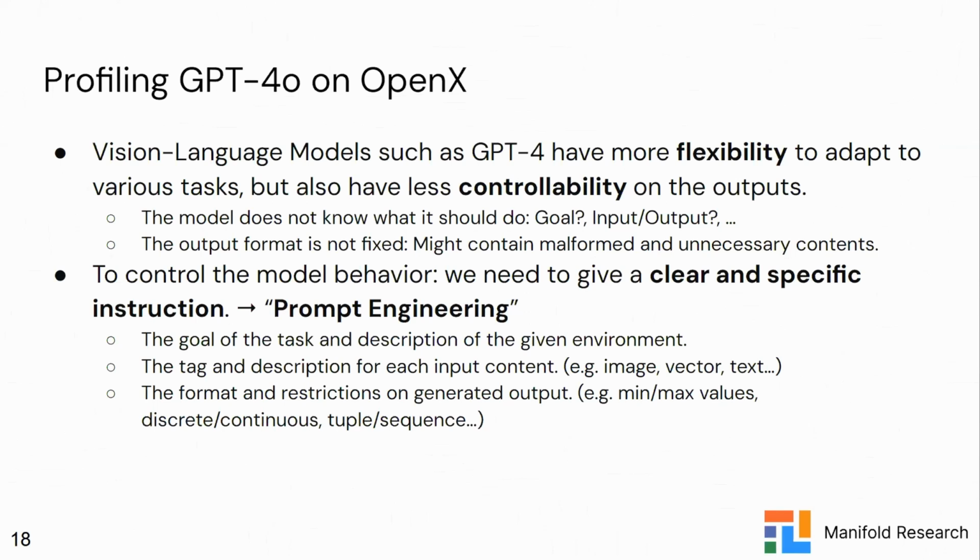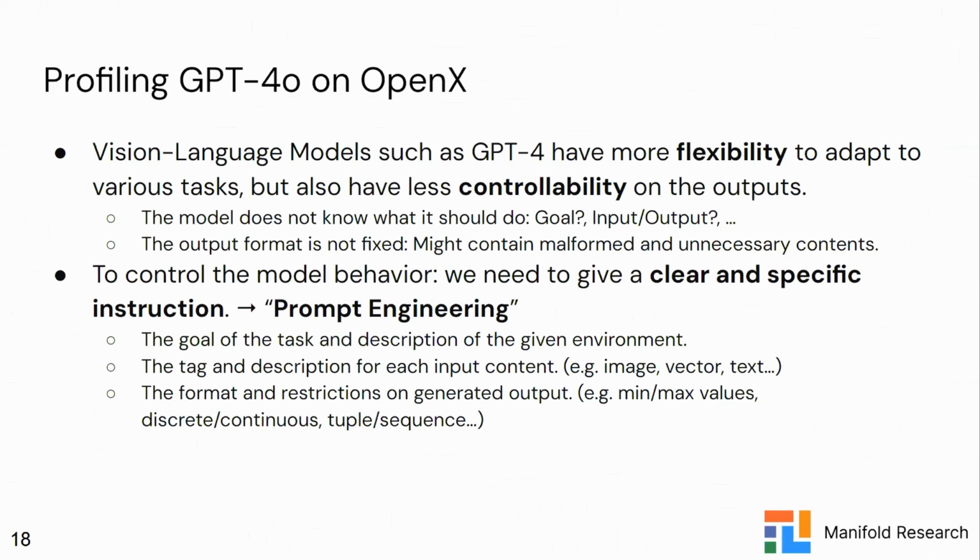So while it can be adapted to various tasks without changing the model architecture or implementation, it also should be controlled very carefully to get the behavior we want. I personally say this is a trade-off between flexibility and controllability.